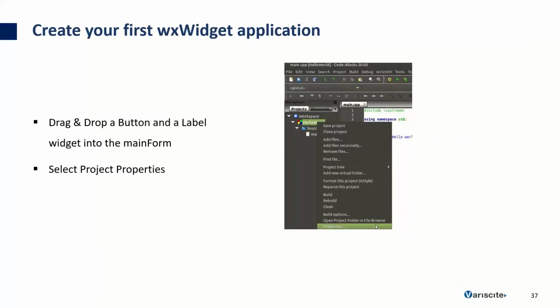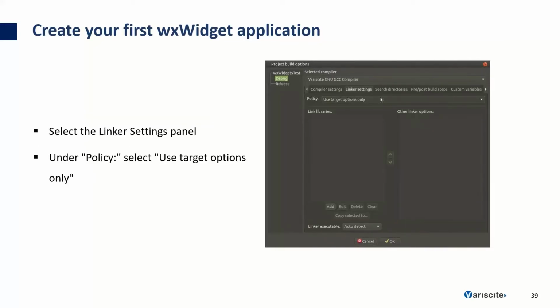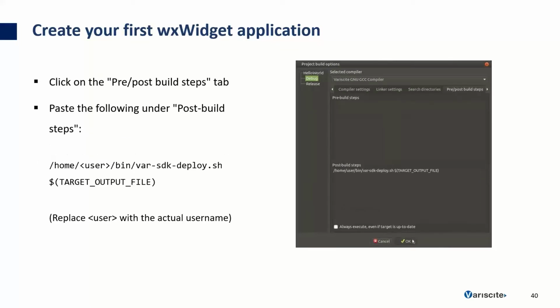And we need to set the specific properties for the project. So we need to alter the compiler flags to use only the target options, just to avoid contamination with the host. The same will be done with the linker. We need to avoid contamination with the host also for the linker.